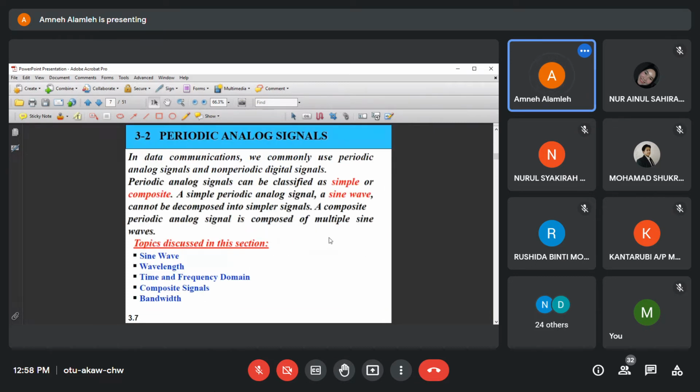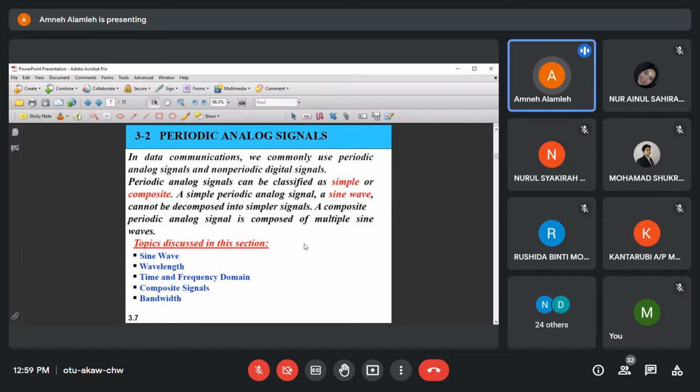In data communication, we commonly use periodic analog signals and non-periodic digital signals. Periodic analog signals can be classified as simple or composite. We will see an example. A simple periodic analog signal, like a sine wave, cannot be decomposed.